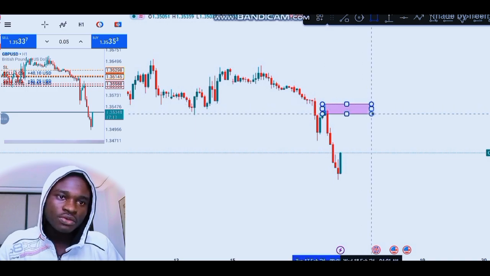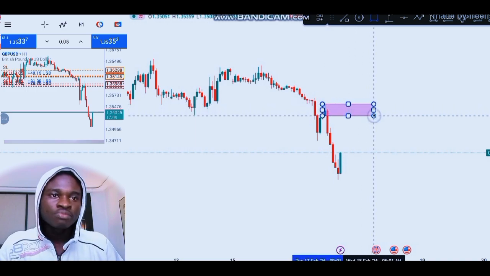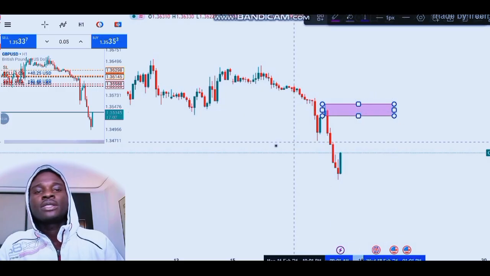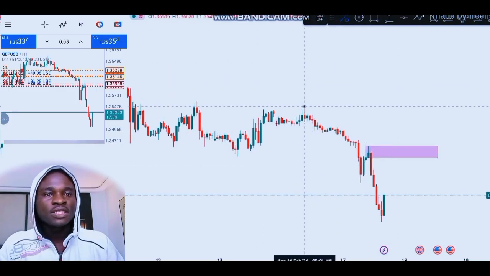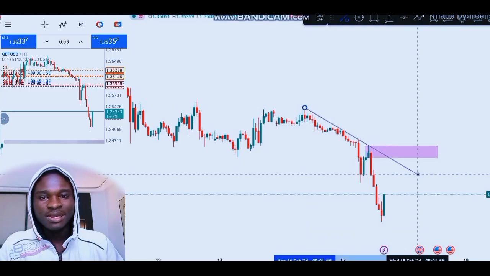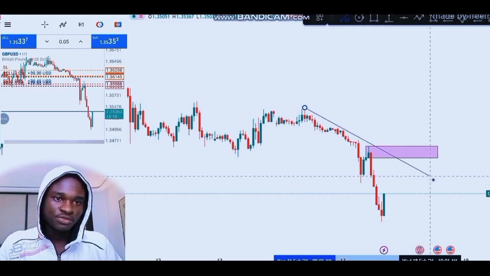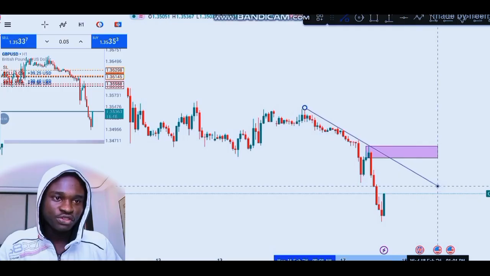I think so. People will call this order block. Let's assume that this is our trend line. I'm showing this as an assumption, not how to trade. So take note before you open a position.